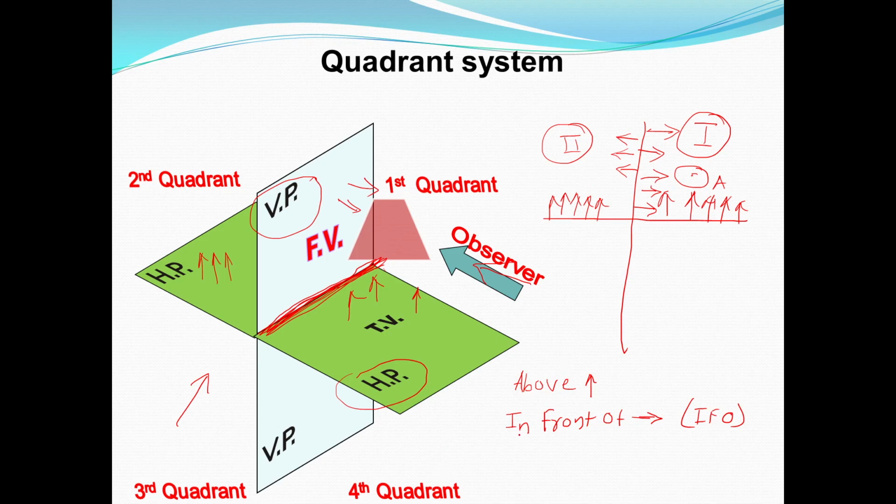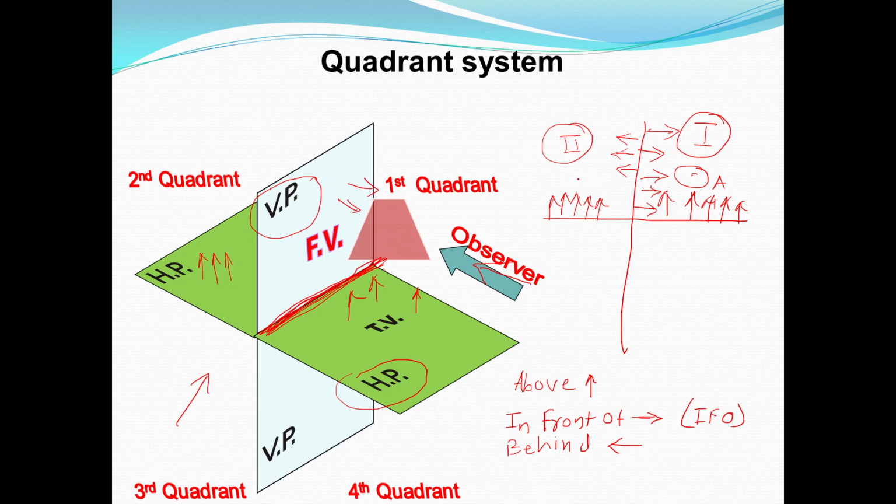So our third word is behind. For the second quadrant, the reference position from the principal planes is above the HP, behind the VP.